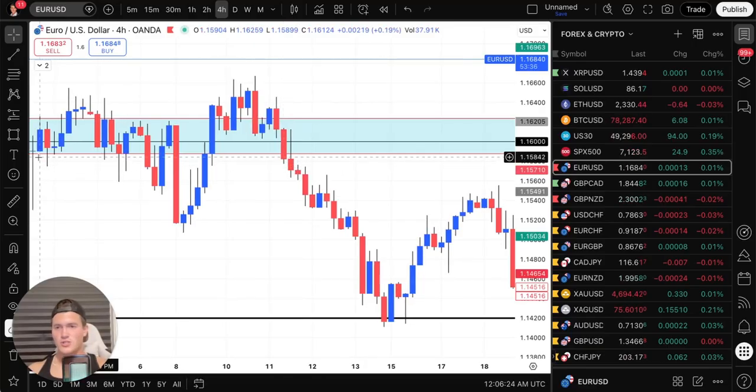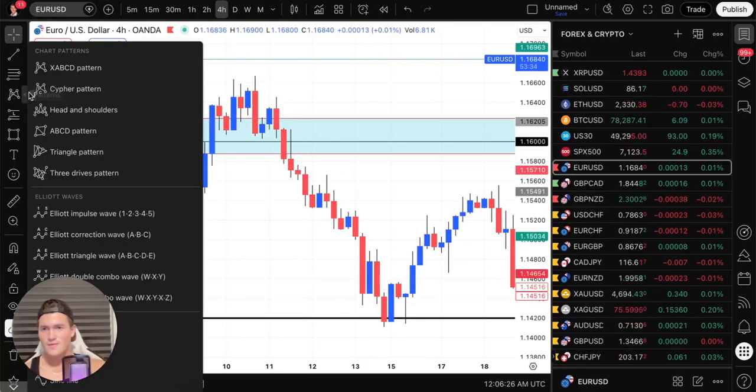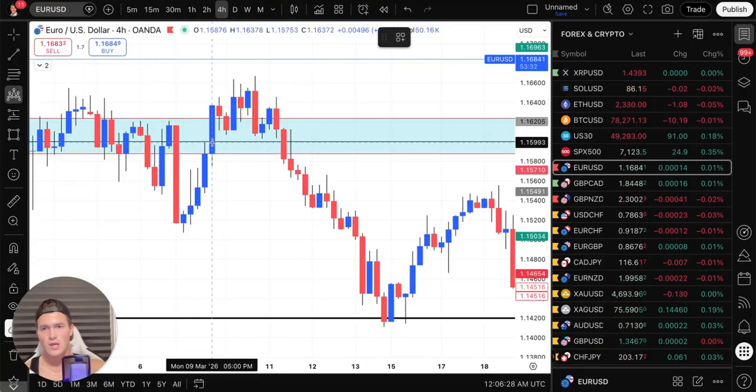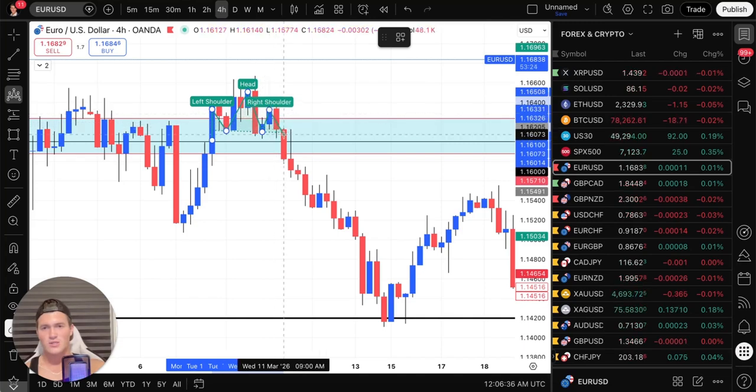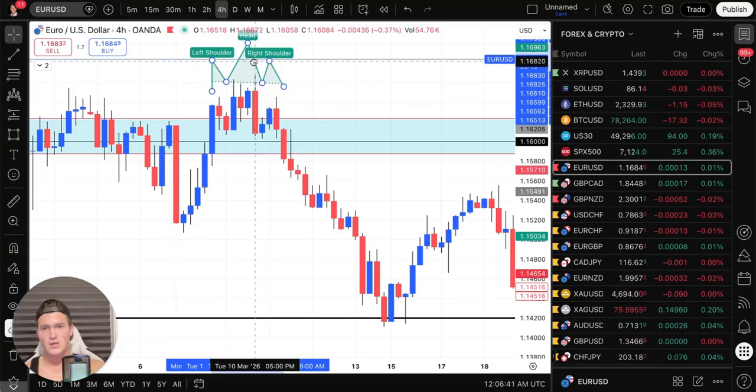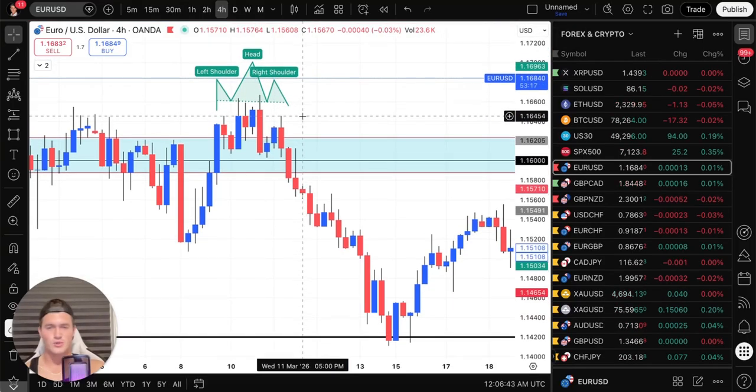So, a head and shoulders pattern, let's see if I can find this. Yes, head and shoulders here. We've got our left shoulder, we've got the head, and we've got the right shoulder here. This is our head and shoulders. As you can see, it worked out to perfection here.